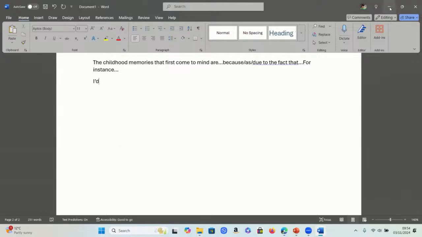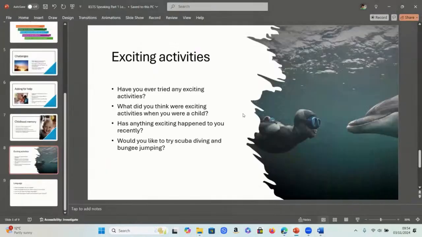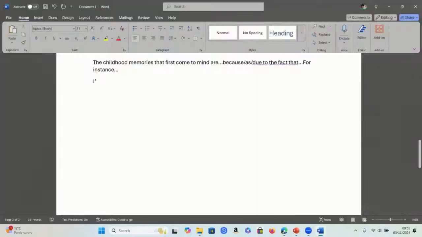What do you want to do in the future? What would you like to do in the future? But in this question, would you like to try scuba diving and bungee jumping? Again, you want to be clever. Would you like to try scuba diving, for example? You could say yes, and then say, I have always wanted to try scuba diving.